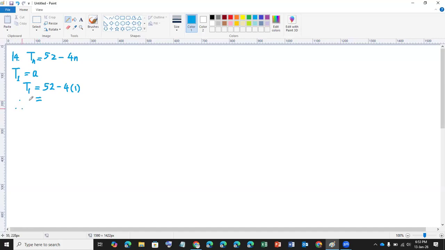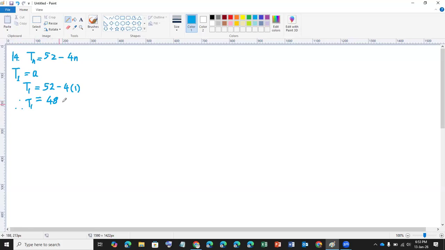So that means that T1, which is also the first term, is equal to 48. And so we have been able to solve part of the first question under this particular number.